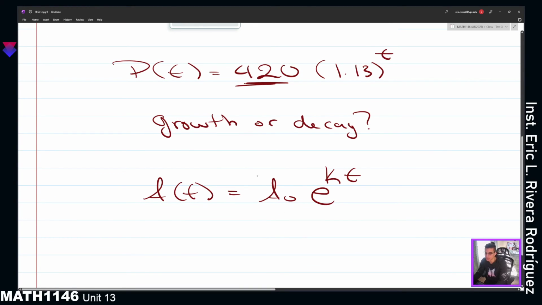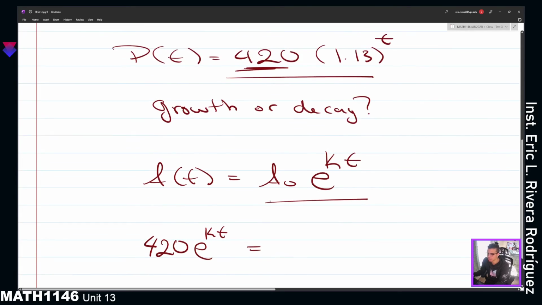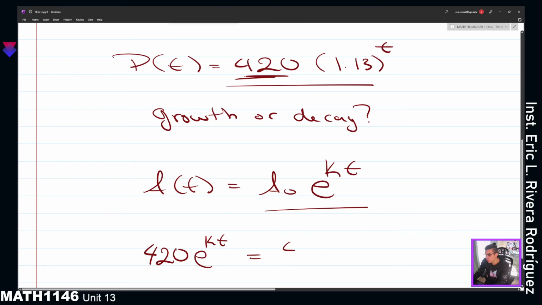So now that we know the initial amount, we want to compare this expression and this expression, with the difference that now I'm going to use 420 for A sub 0. So 420 times e raised to the power of k times t equals 420 times e raised to 1.13 t.